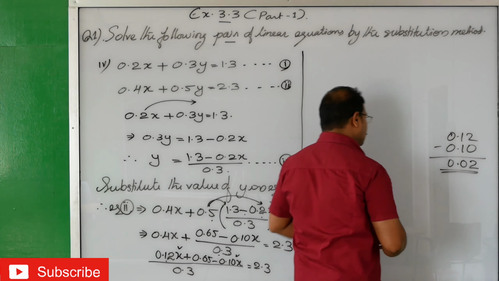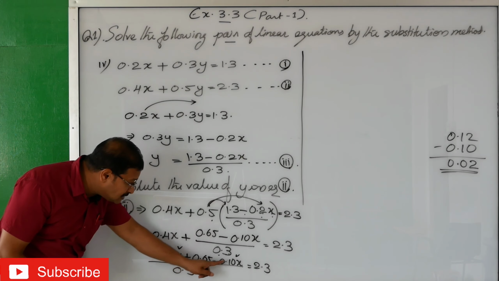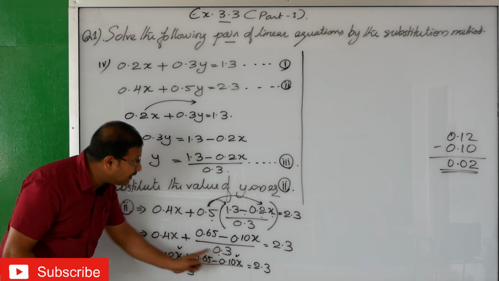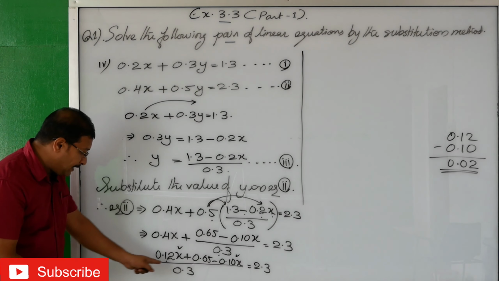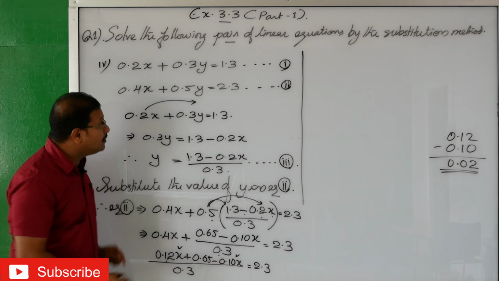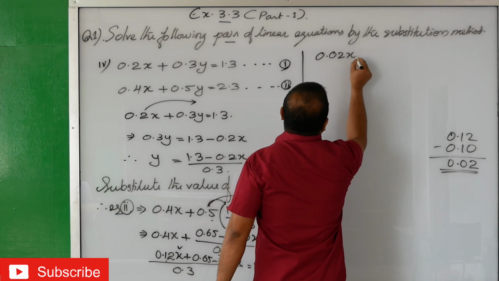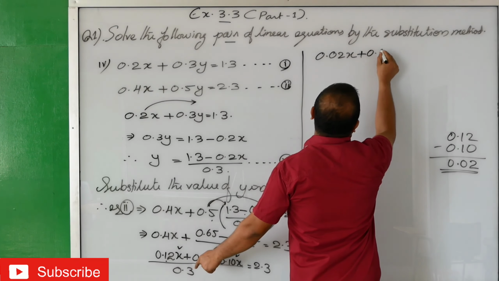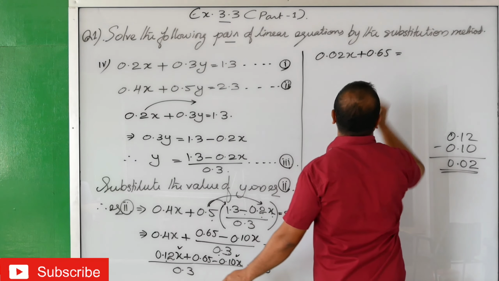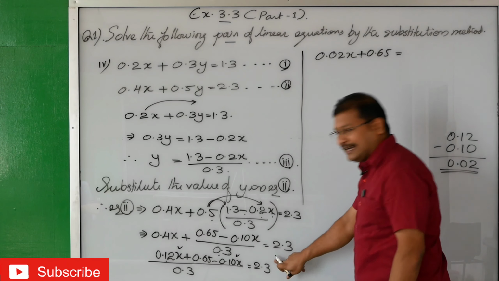So we'll get 0.02x. Ready? These two joining, we get only 0.02x. After that, plus 0.65 equals, and 0.3 I will carry to the next side.